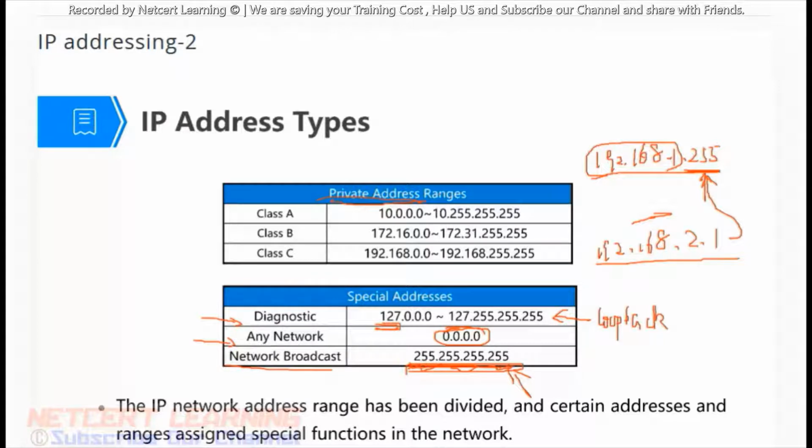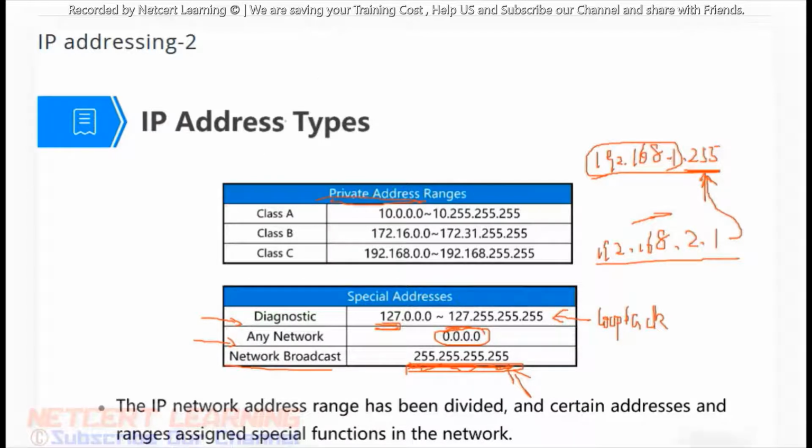This IP address cannot be configured on any device connected to the internet, but you can use it on devices local to your company, in a campus network that's not connected to the internet.